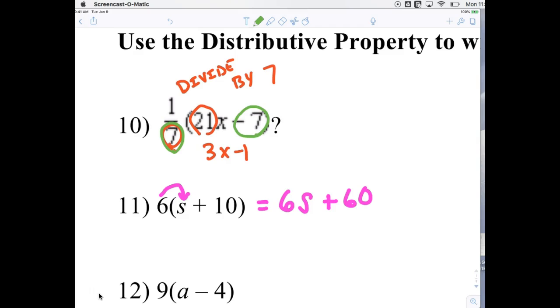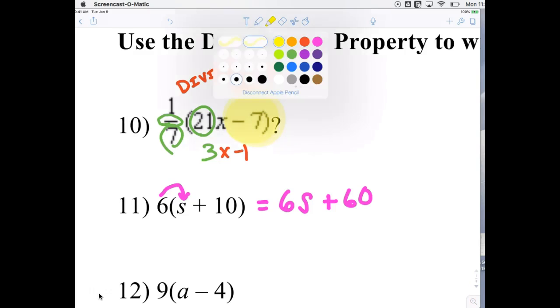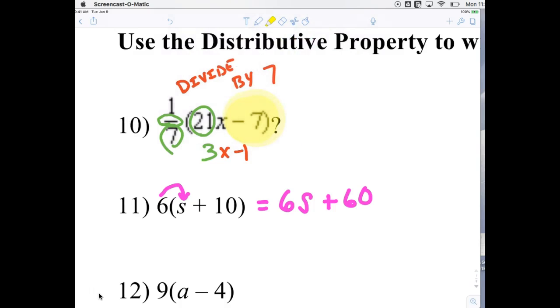Well, okay. Let me just tell you this again. Remember, you're just saying 21. This fraction bar means what? Divide. So you read 21 divided by 7. That's how I got 3x. Then you do the same thing with this, -7 divided by 7.